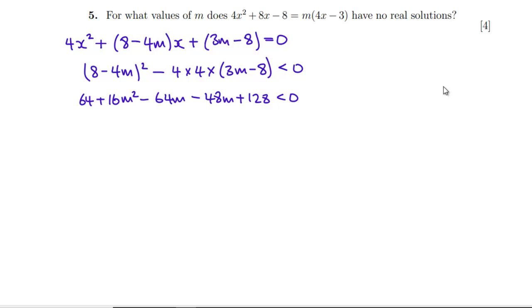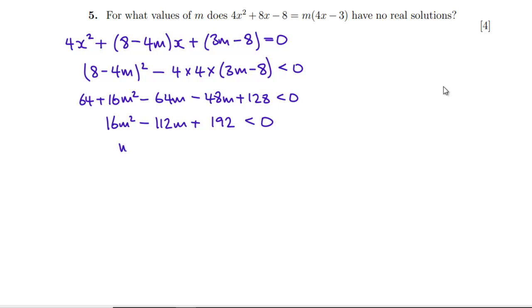That's got to be less than 0. That's 16m squared minus 112m, you're going to have 16s about to cancel here, plus 192. It's got to be less than 0.